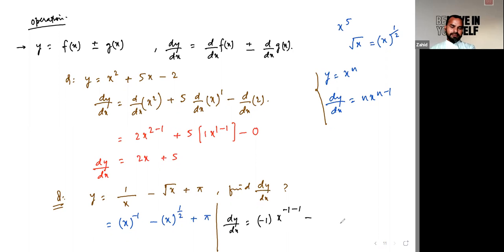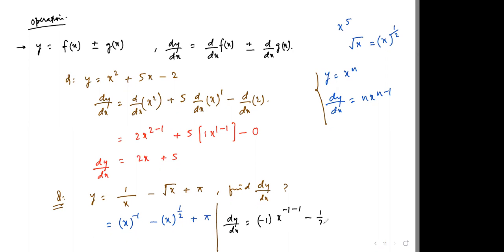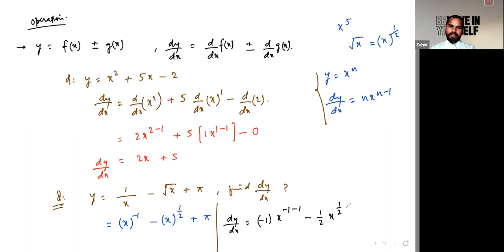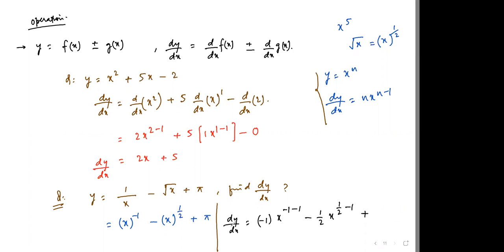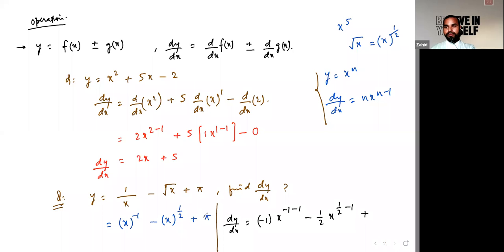Similarly, the exponent of the second term is plus half, so it will be n x raised to n minus 1. And the third term is just pi. Is it constant or variable? Variable. Means its value would change from problem to problem, or would it remain the same as 3.14? It is a constant term. So the differentiation of any constant term is 0. Is it clear?